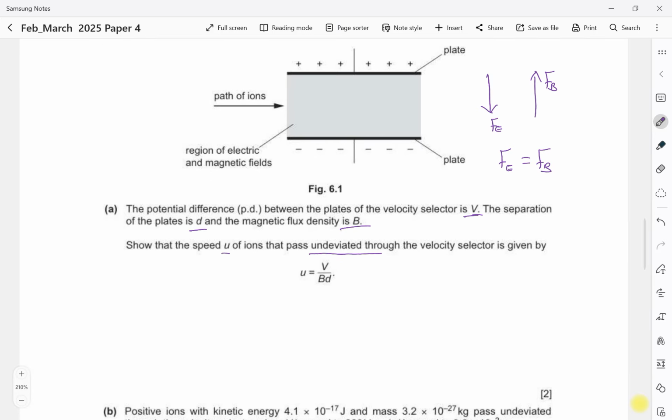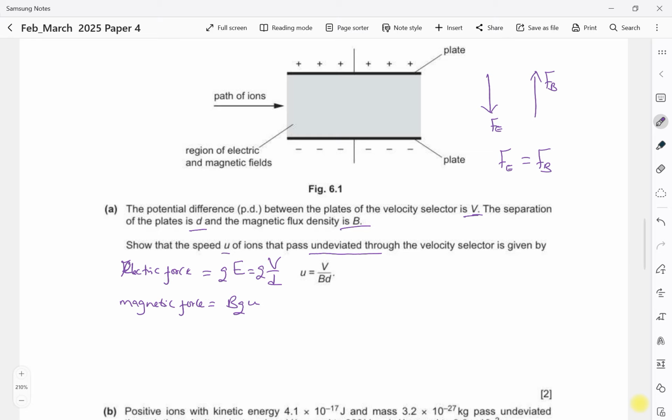So the electric force equals charge times the electric field strength, which is the same as charge times V over D, because electric field strength is also V over D. Then the magnetic force is given by BQ times the speed of the ions.